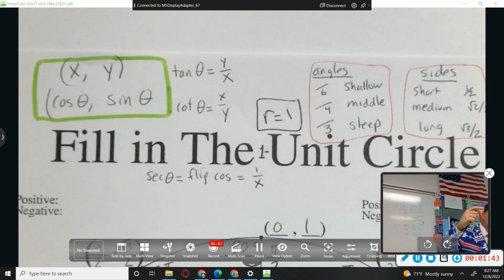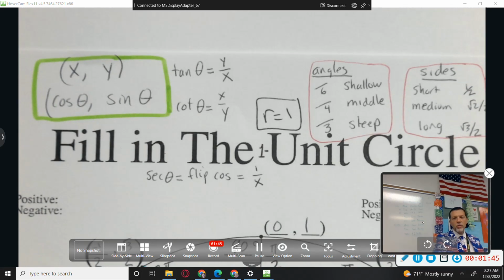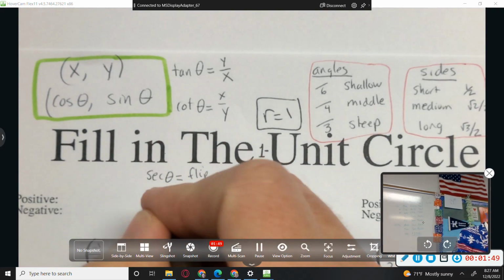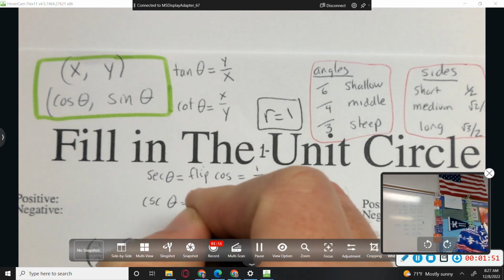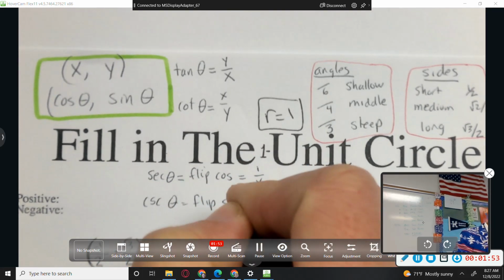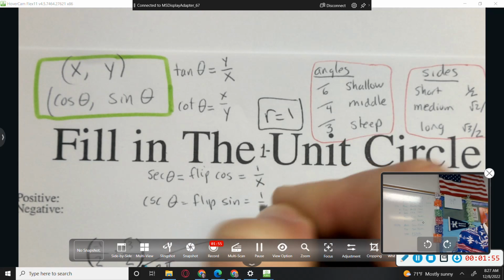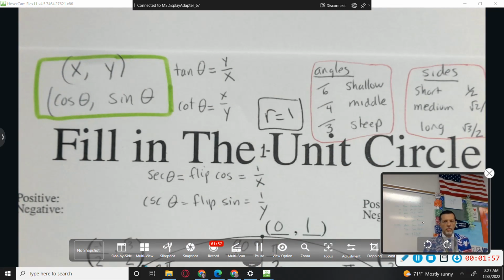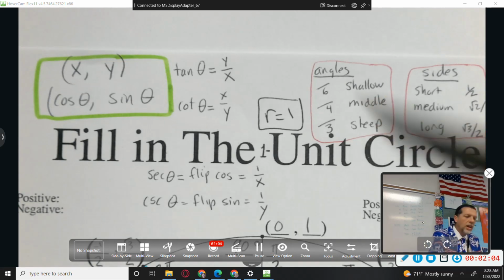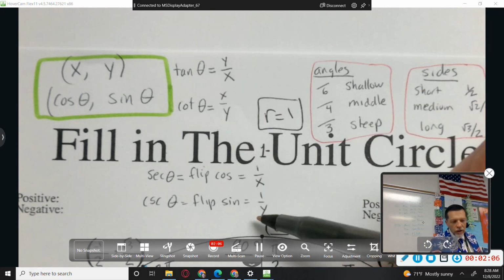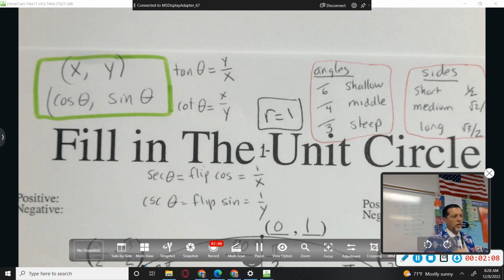And really you don't do 1 over, because most of them are fractions, so you just flip the fraction. Cosecant, kind of the same thing, except it's paired with sine, so it's 1 over y. So the main thing is the x-coordinate is cosine, the y-coordinate is sine. These other four, you already know those, we just haven't used them in the context of the unit circle.